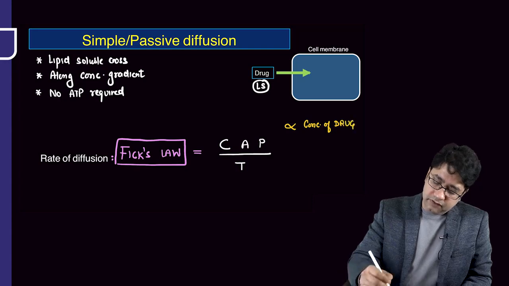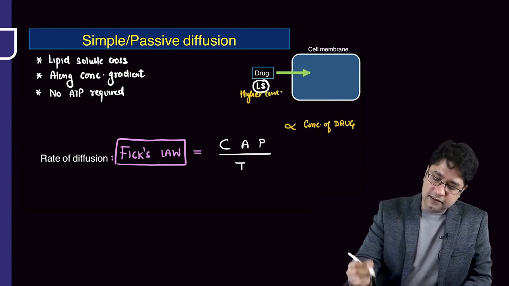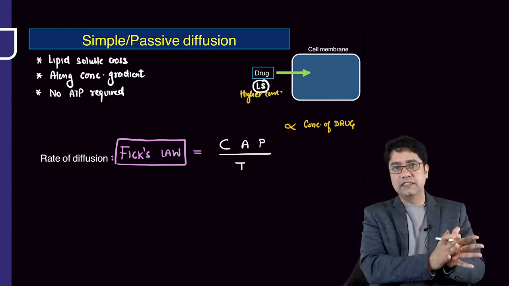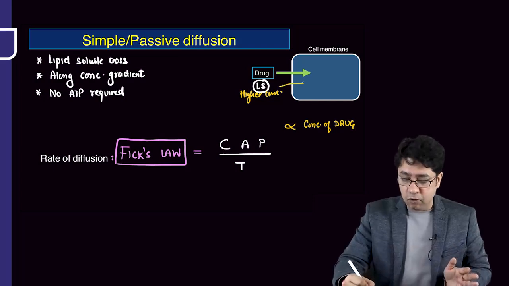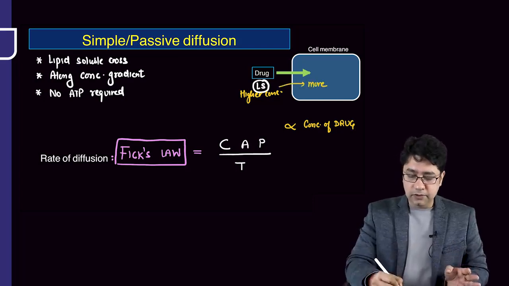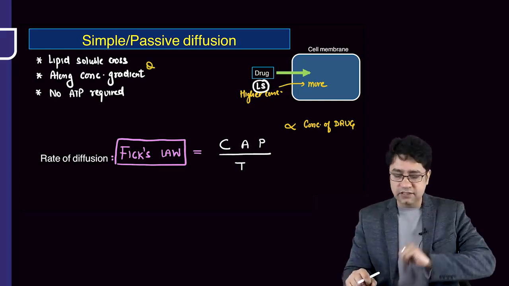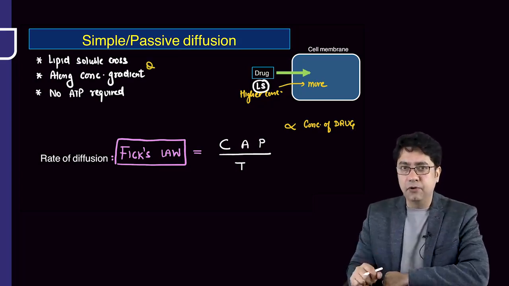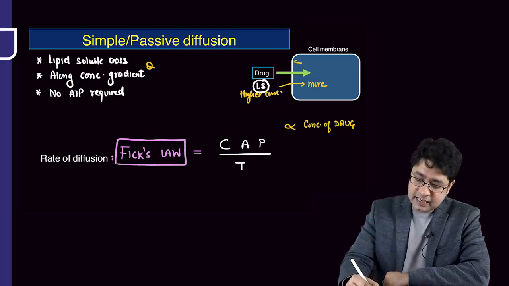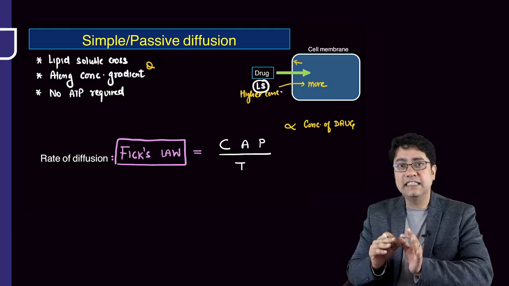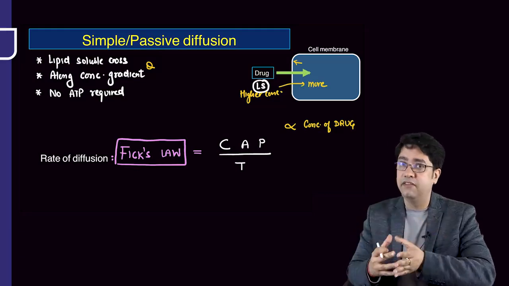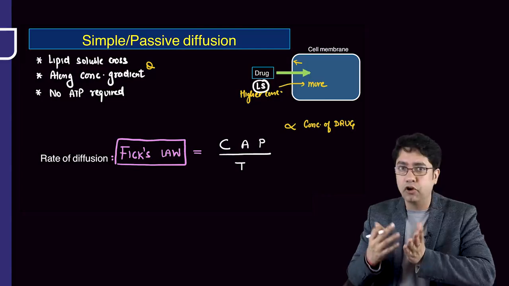Now remember, if the drug is present in higher concentration around the cell, the drug will enter more into the cell, because it moves along the concentration gradient. Now the second point is the cell membrane: if it has a greater area, there will be more absorption of a drug, more crossing.